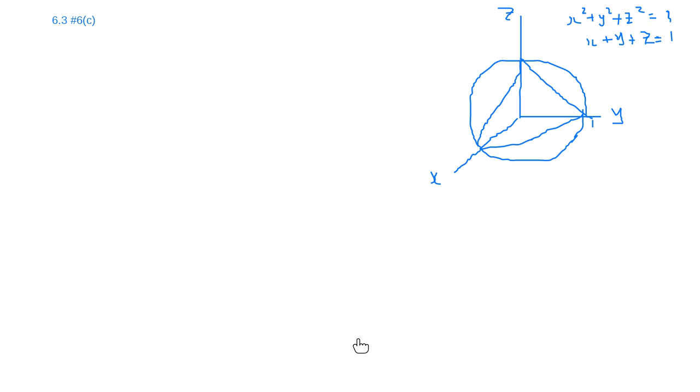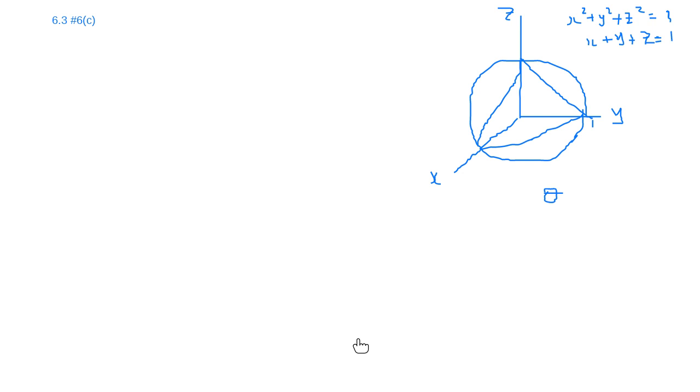Okay, so if you have to use spherical coordinates, what is the easiest to start with? The easiest to start with is probably phi. Ooh, also not so easy. Theta is quite clear.